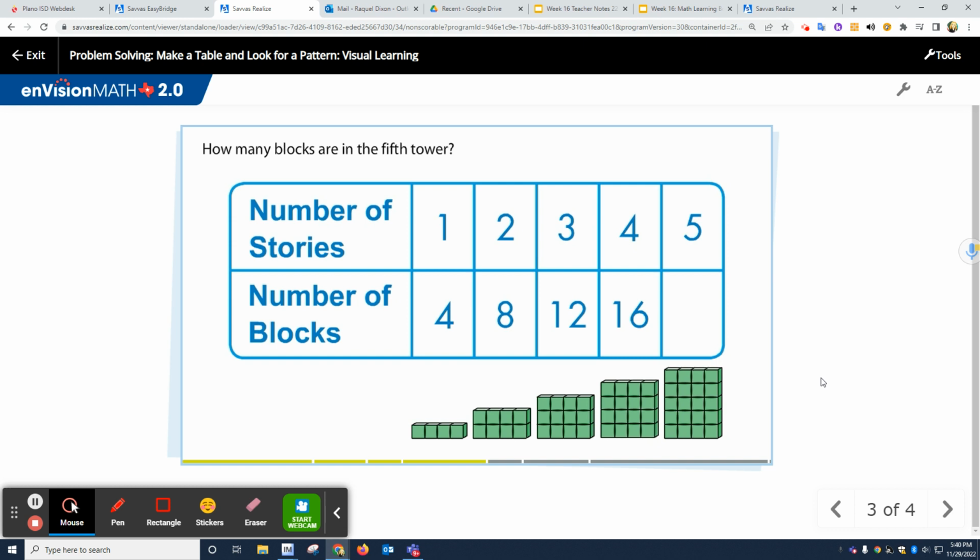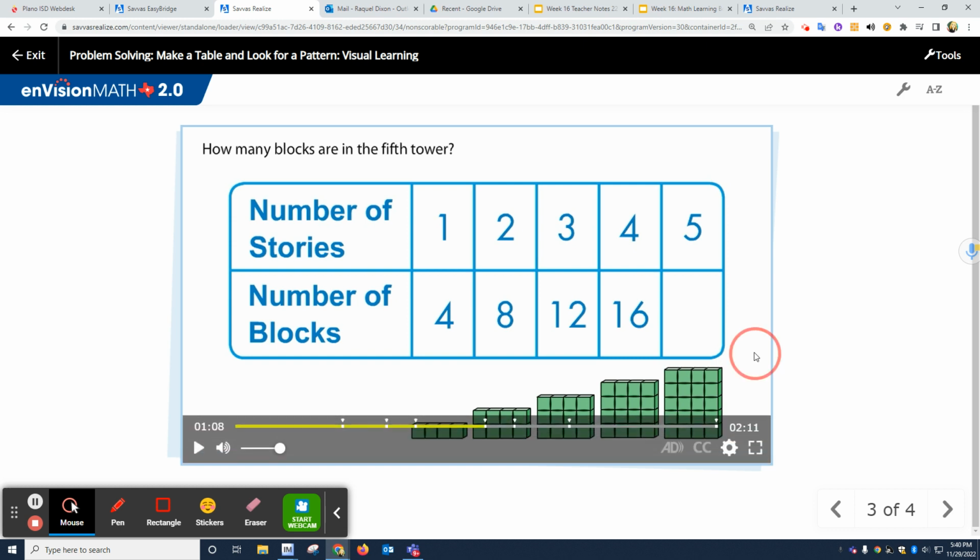Well, as you saw, we could build a numerical expression, 5 times 4, and we would get 20. So 5 is the input, our rule is times 4, and that is why it's 20.